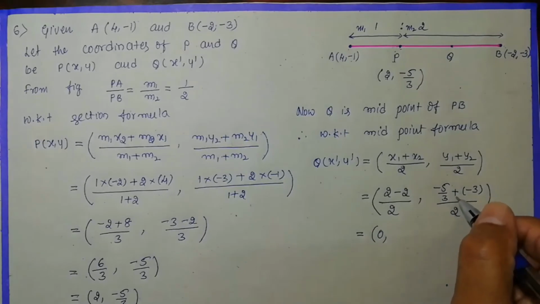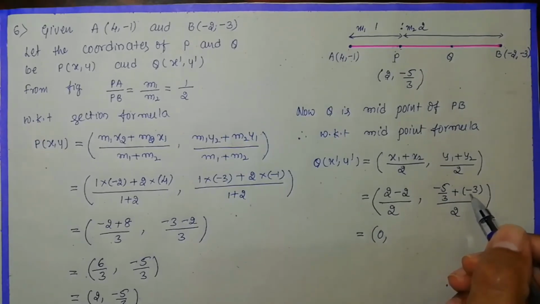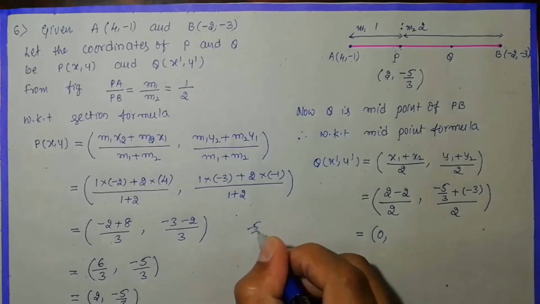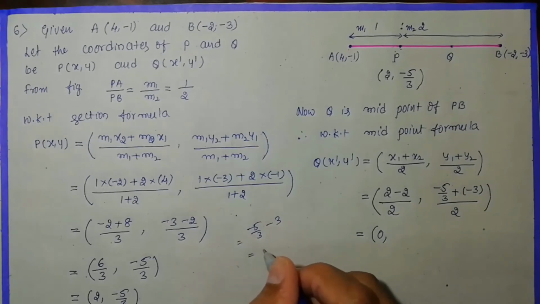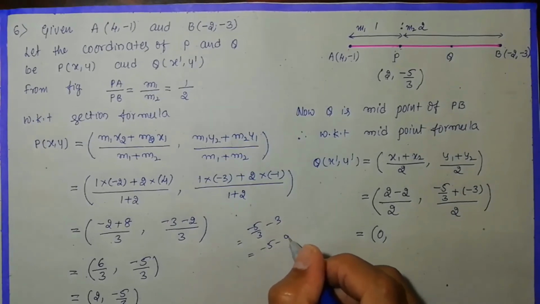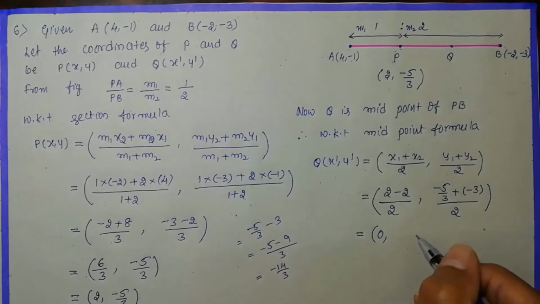Now I'm going to simplify this one: minus 5 by 3 minus 3. Look here, minus 5 by 3 plus into minus, minus 3, will become minus 5 minus 9 divided by 3, and it will become minus 14 by 3. And it is divided by 2.